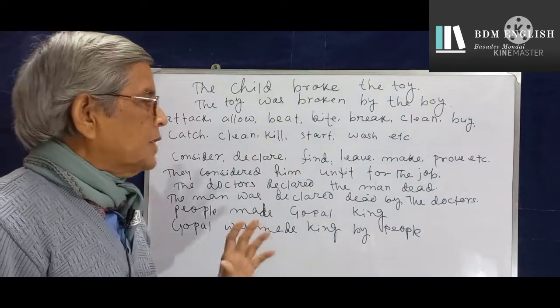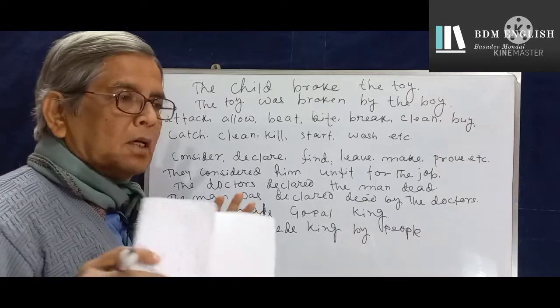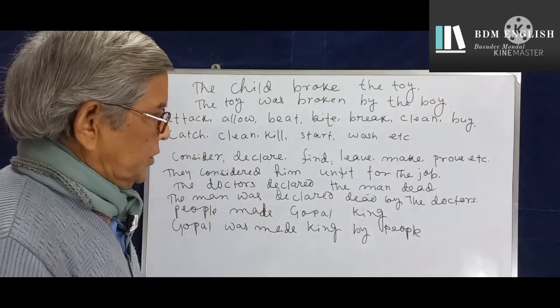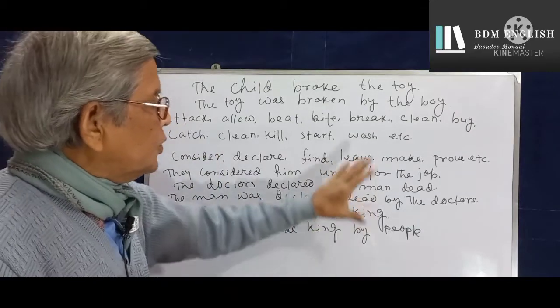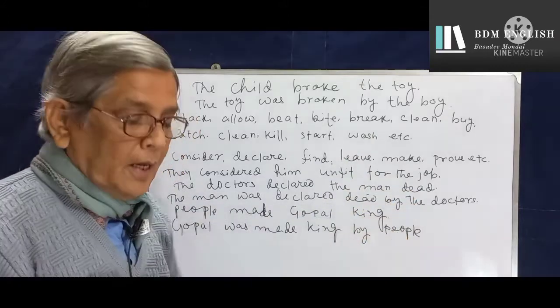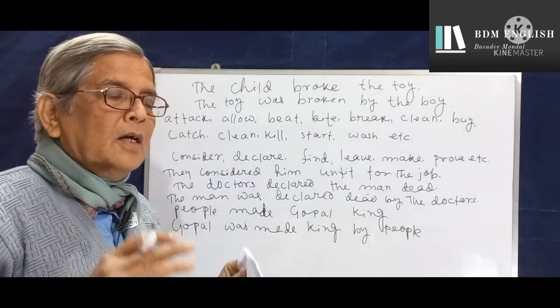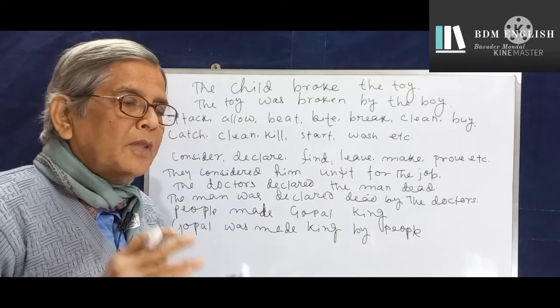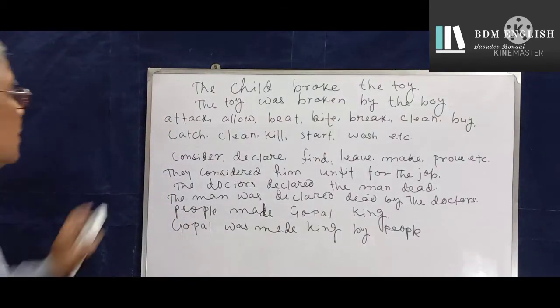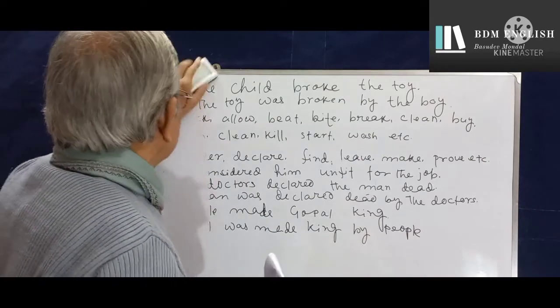Now, there are some transitive verbs of incomplete predication that do not take an adjective or noun as complements. Rather, peculiarly, they require some adverbs of place to complete the predicate.